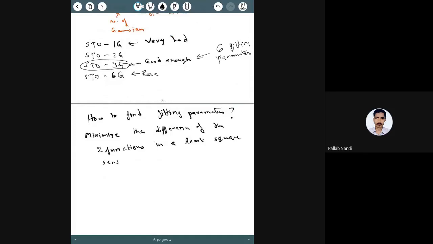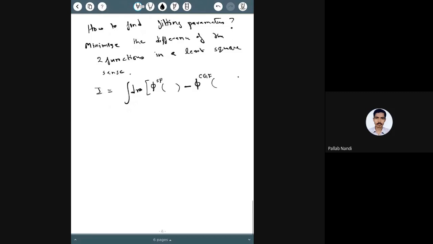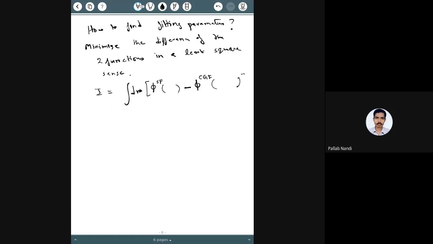So mathematically speaking, you have an integral over all space of the difference of a Slater type function with some parameters, and the contracted Gaussian function again with some parameters, the difference squared. You want to minimize this.